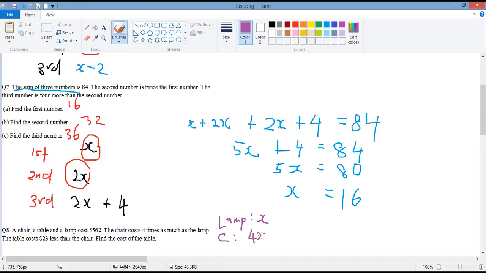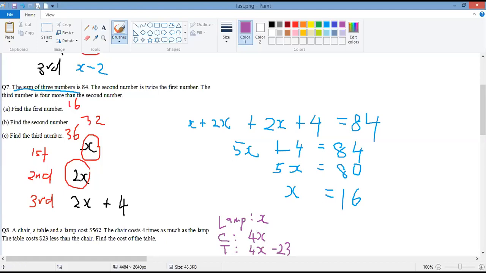So 4 times x. Okay. Then the table, I put as the alphabet T. The table costs $23 less than the chair. So compared to the chair, which is 4x, 23 less than means you have to minus 23.